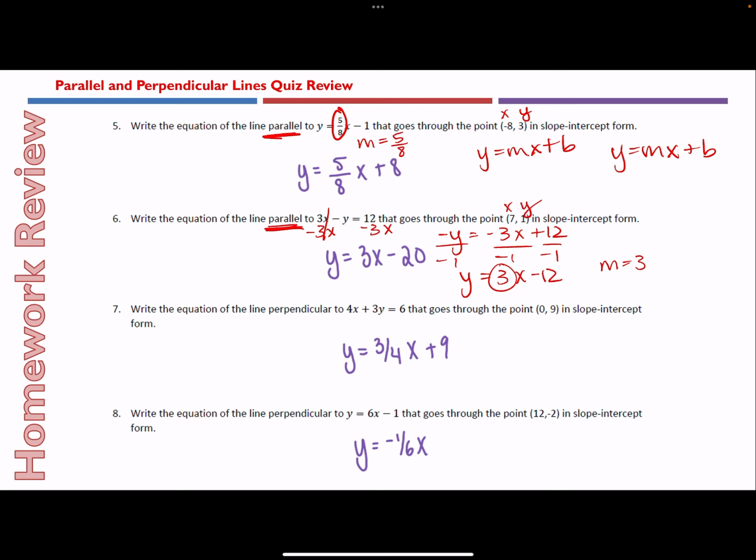Number 7 and number 8 are asking for perpendicular lines. So you find the slope. Number 7, you're going to solve for y first. Divide by 3.